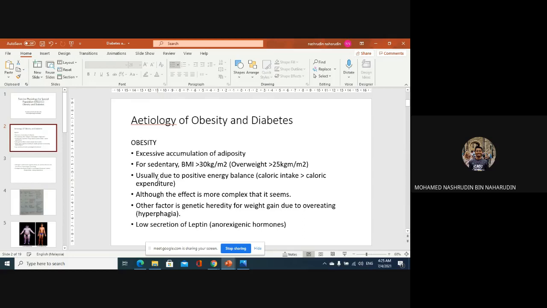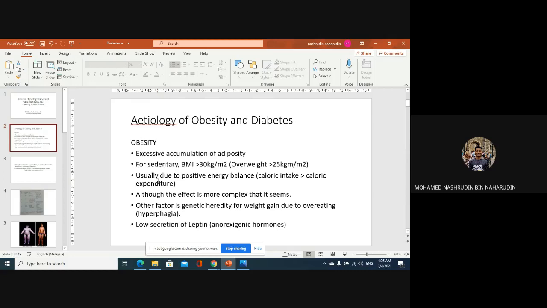Usually it is generally accepted that obesity is caused by an imbalance between energy intake and energy expenditure. Therefore, in general, if energy intake is higher than energy expenditure, that can lead somebody to put on weight.